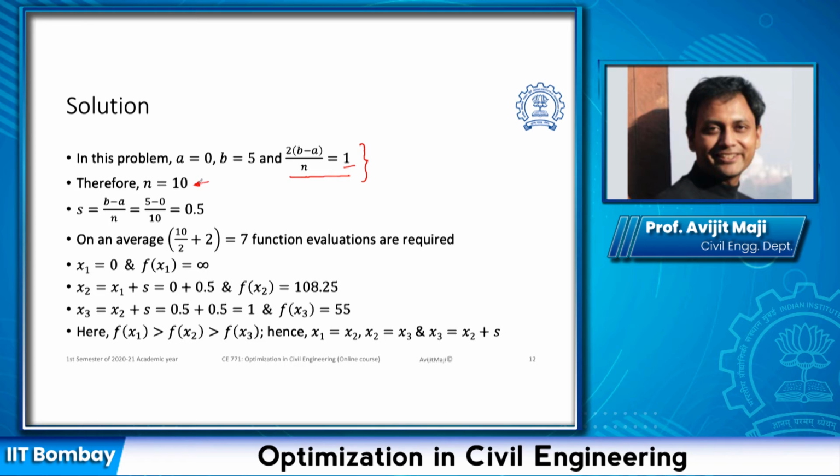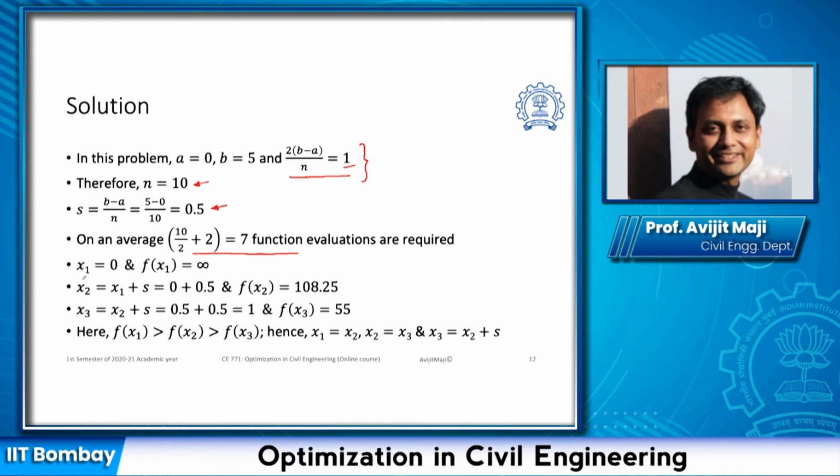If we use this 10 to find out the step size, then we get the step size as 0.5, and if you want to find out the average number of function evaluations we may need to do, we can use this formula where we fit in the values, then we know that we may need to do 7 function evaluations. So now let us start the process.